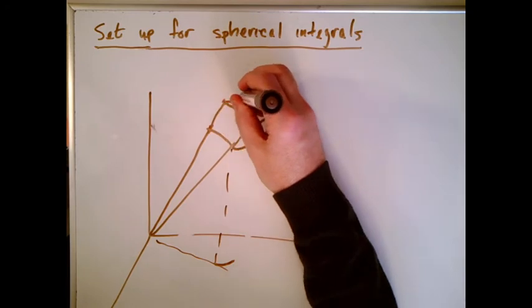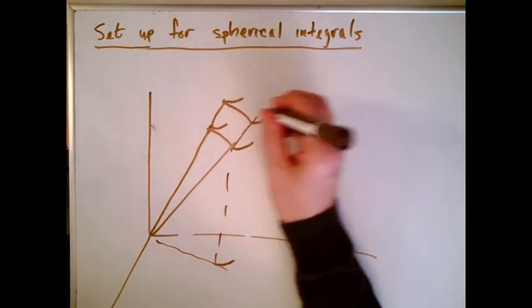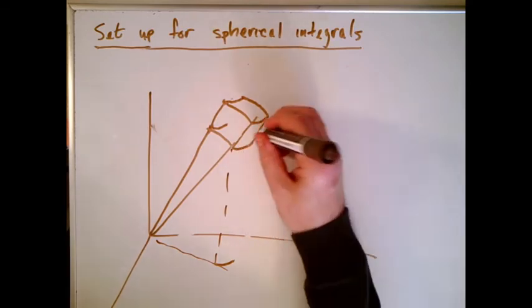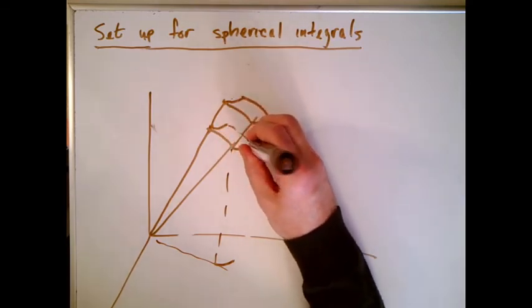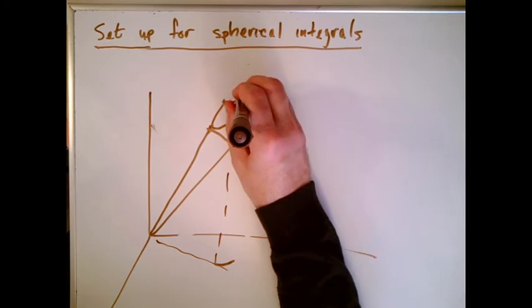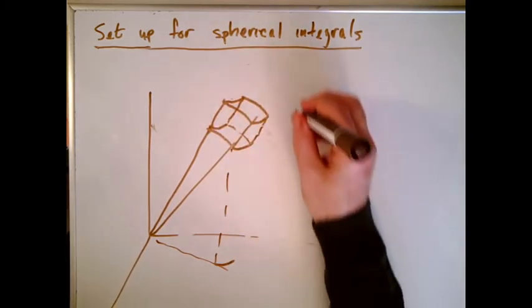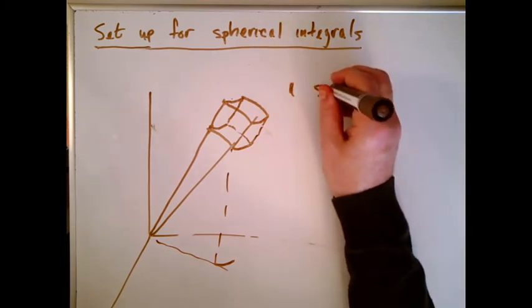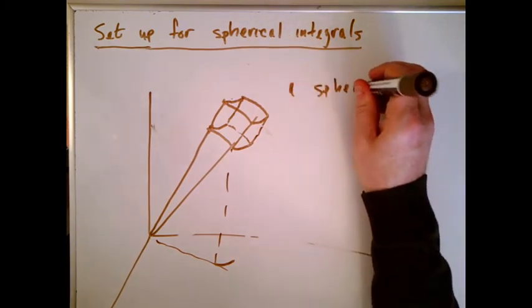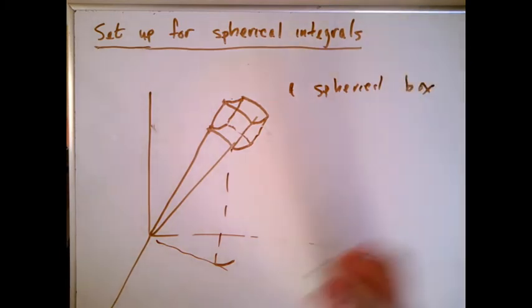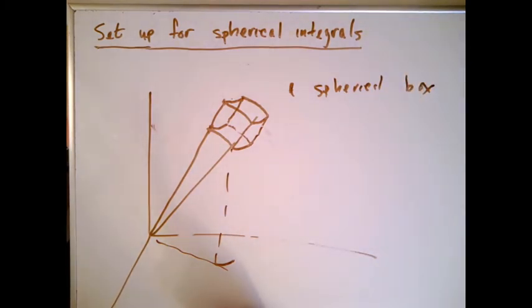Then the radius comes down like this, and then this is going to be the change in phi as I go like that, and whoa, you see what I'm going to call a spherical box, which is a very strange title if you think about it, but we want the volume of such a thing.